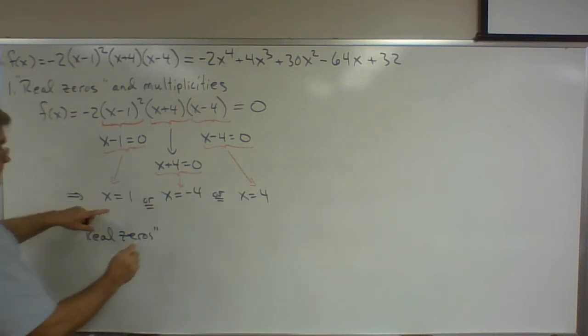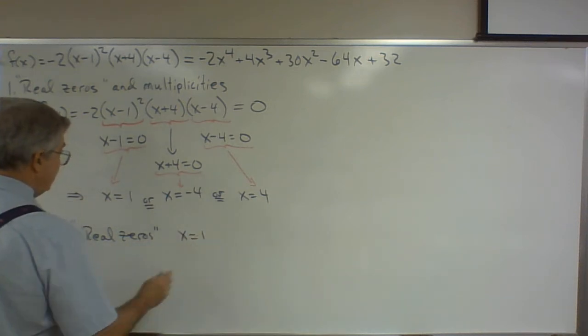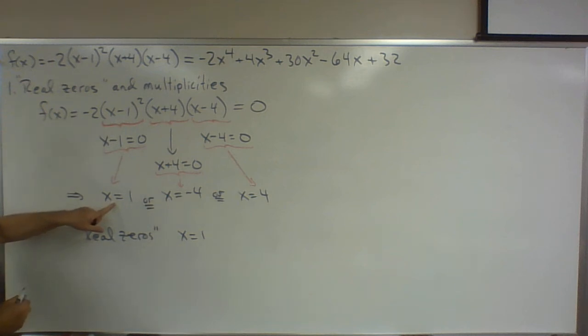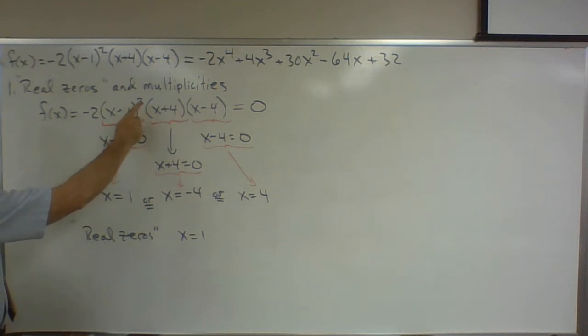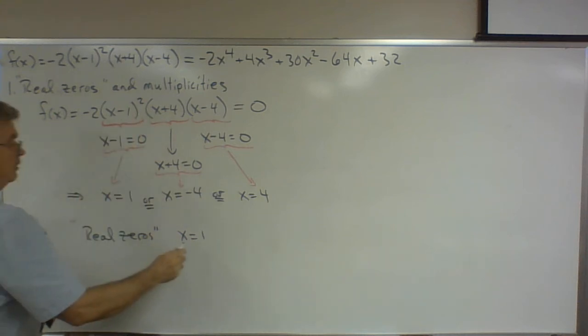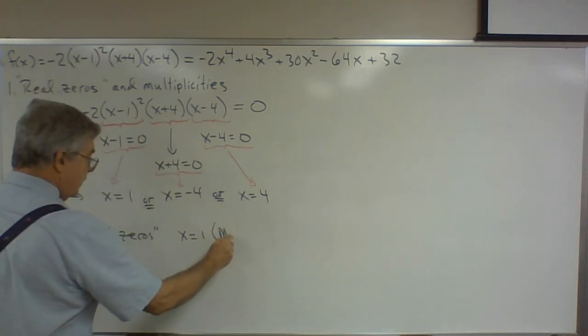X equal 1. And notice where this came from. X equal 1 comes from the factor (x minus 1) squared. See that right there? That exponent? Multiplicity 2.